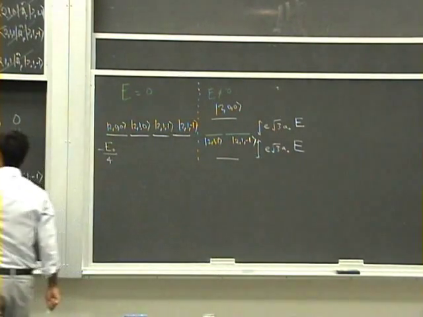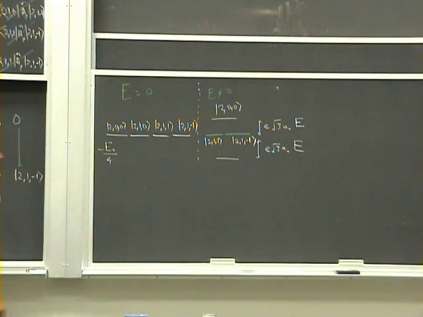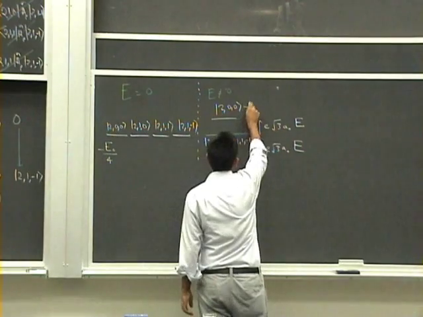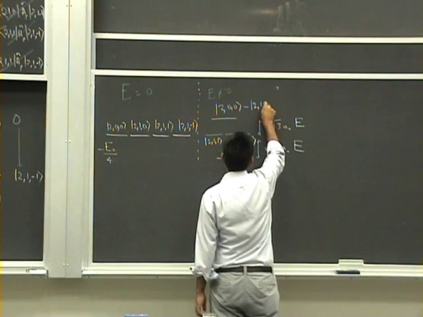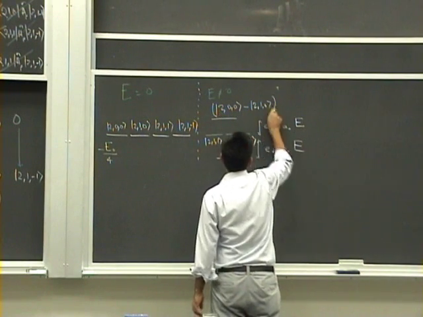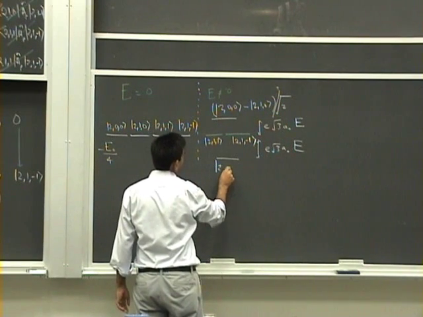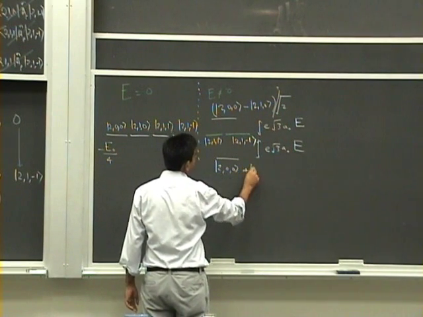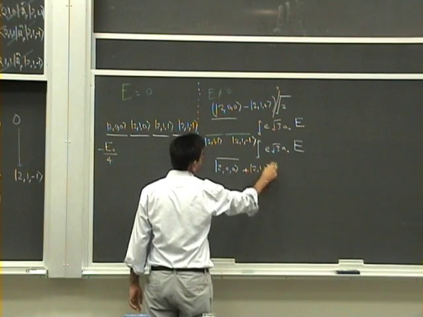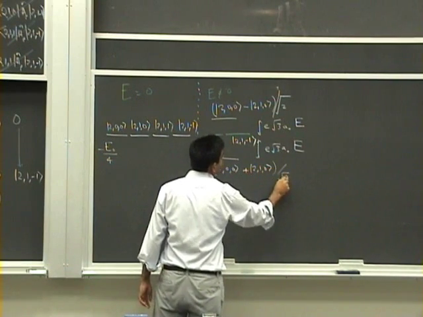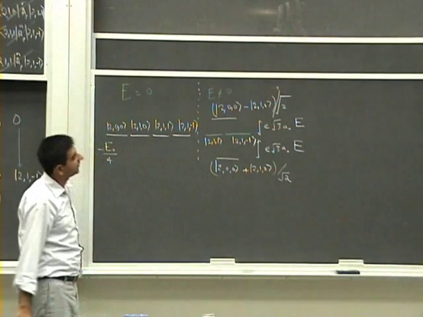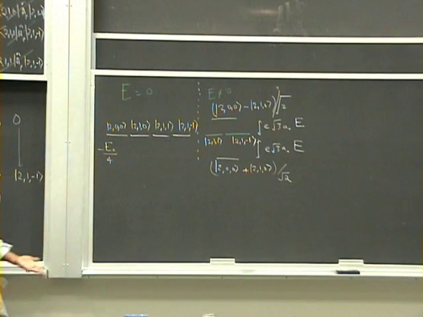Now, this corresponds to the negative combination, |2 0 0⟩ minus |2 1 0⟩ over root 2. And this corresponds to |2 0 0⟩ plus |2 1 0⟩ over root 2. So the degeneracy has been lifted. The new eigenstates are no longer the eigenstates of the unperturbed Hamiltonian.